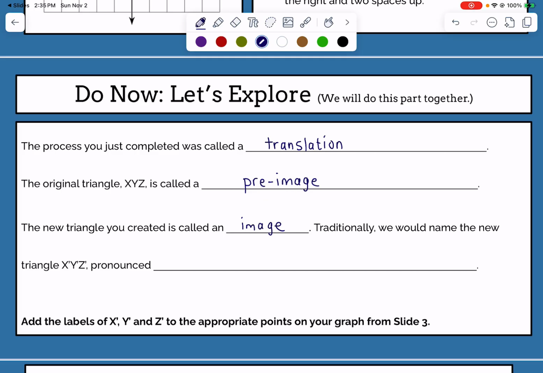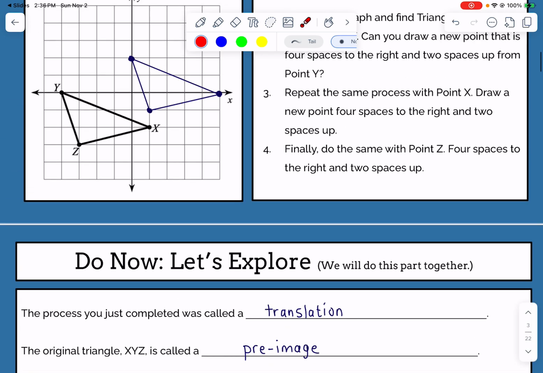And we would name the new triangle. This is how we're going to pronounce it. Each apostrophe is prime. So this is going to be X prime, Y prime, Z prime. Right? So lastly, it tells us to go back to our do now and label our points X prime, Y prime, and Z prime.